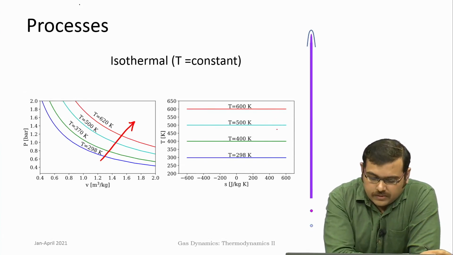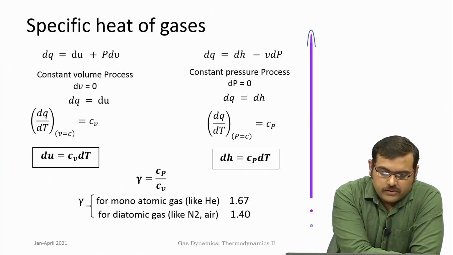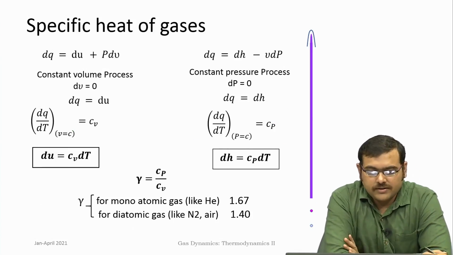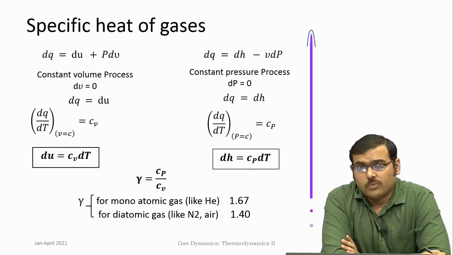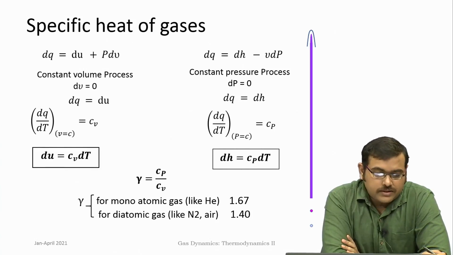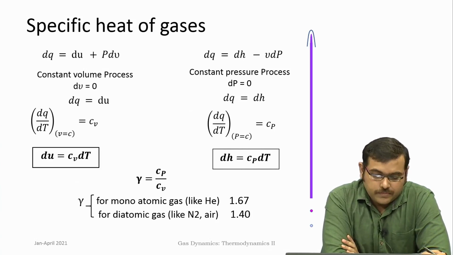Okay. Now when you consider these different processes, then you are interested in trying to understand how much heat is added or how much heat is removed, what's the work done, and such kind of processes and interactions.